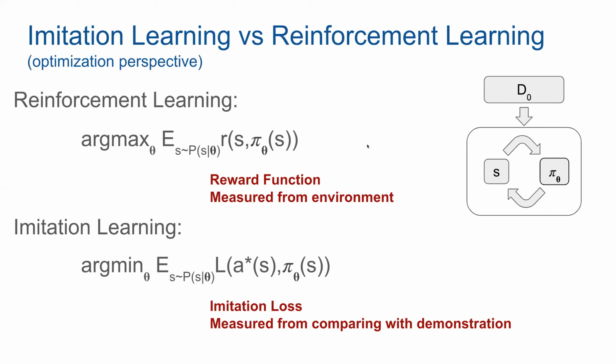And again, note that the expectation over the state distribution is induced at least partially by our policy pi, whereas in normal supervised learning that we covered in CS 155, the distribution of the data is exogenously given to us.